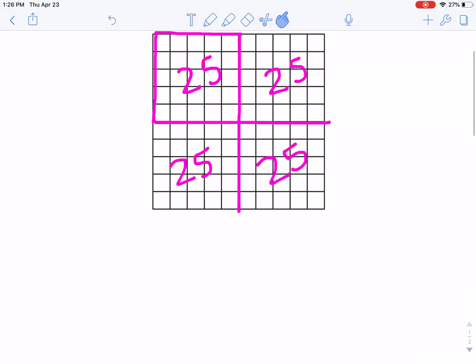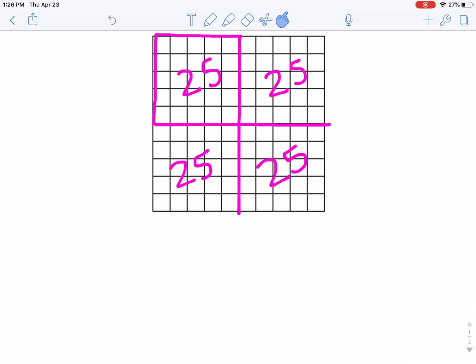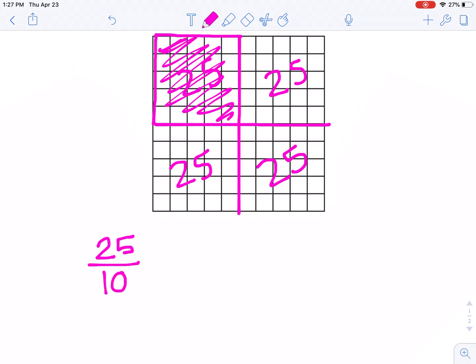And with that being the case, if I were to shade this whole one up here, how much have I colored? And if in your head you are saying, Ms. Khaki, you colored 25 out of 100, you would be absolutely correct.